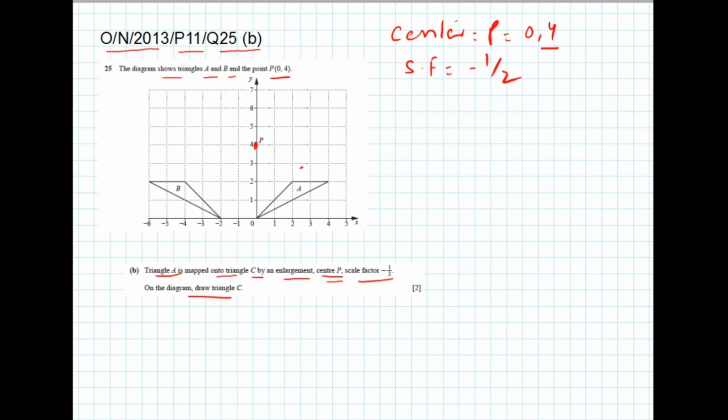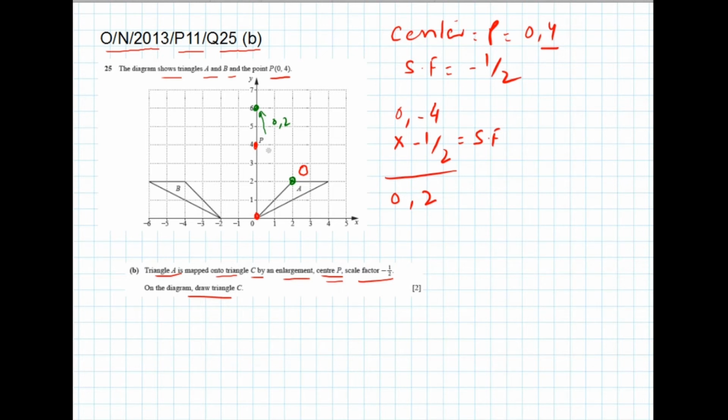Triangle A is object O. From center of enlargement P, the object distance of first vertex is 0, -4. Now multiplying with scale factor, which is equal to -1/2, we get the image distance from center P is equal to 0, 2, plotted on diagram as shown.